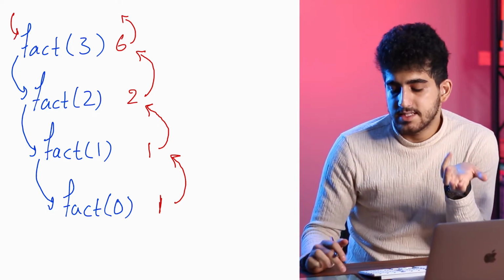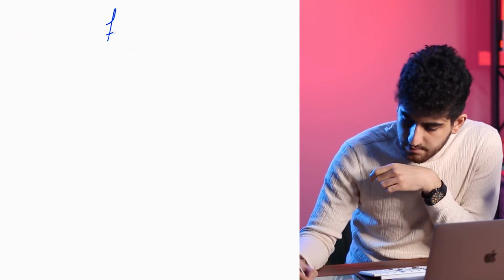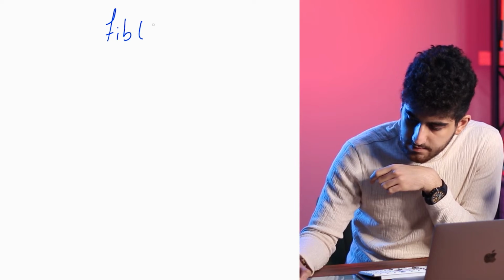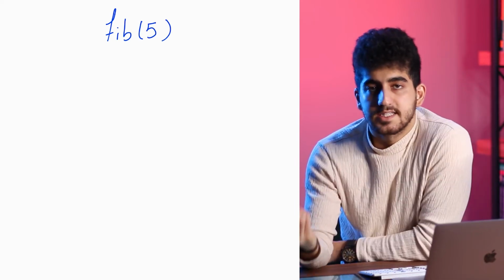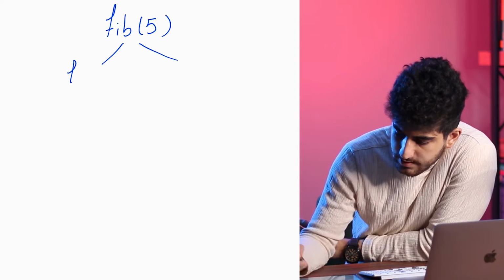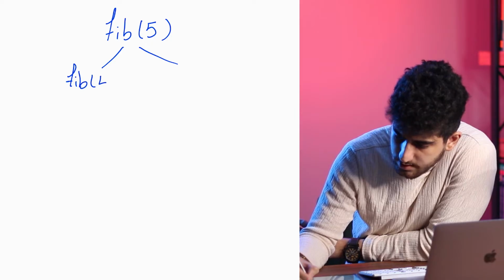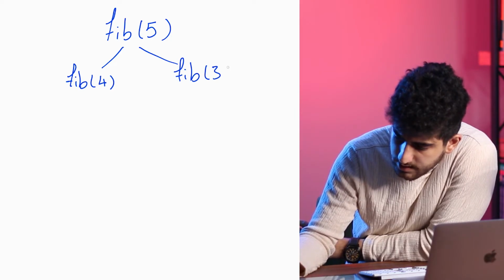The same thing is happening in Fibonacci sequence. For example, when I call fib of 5, first it calls fib of 4 and fib of 3.